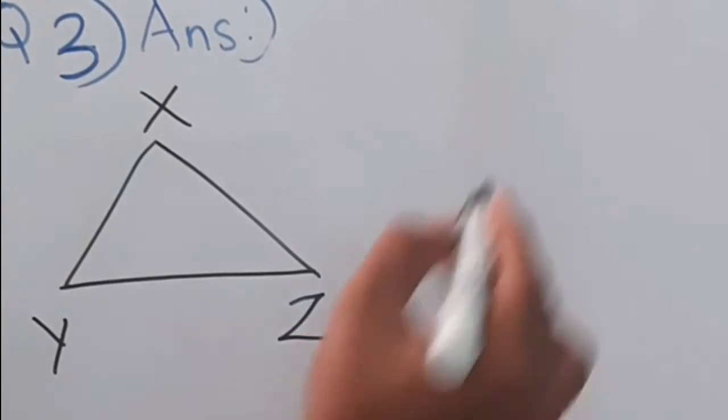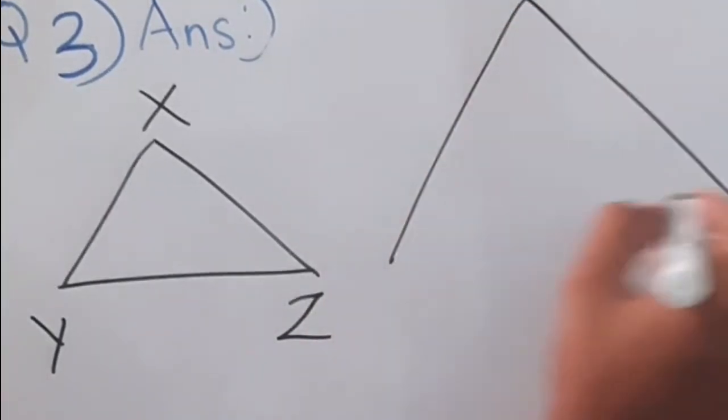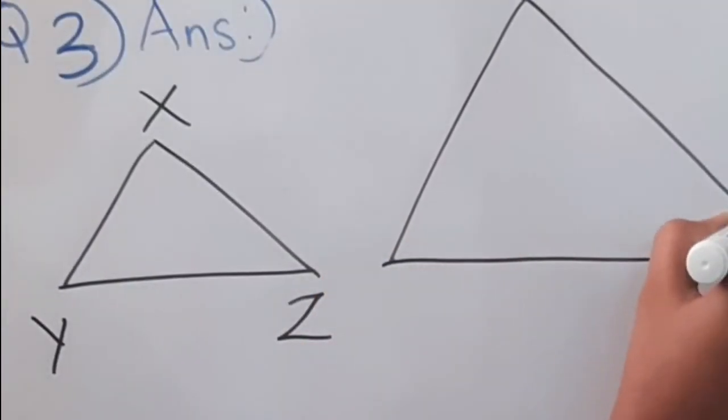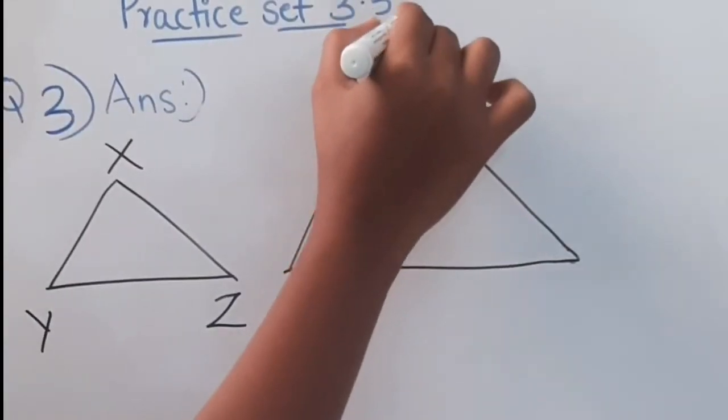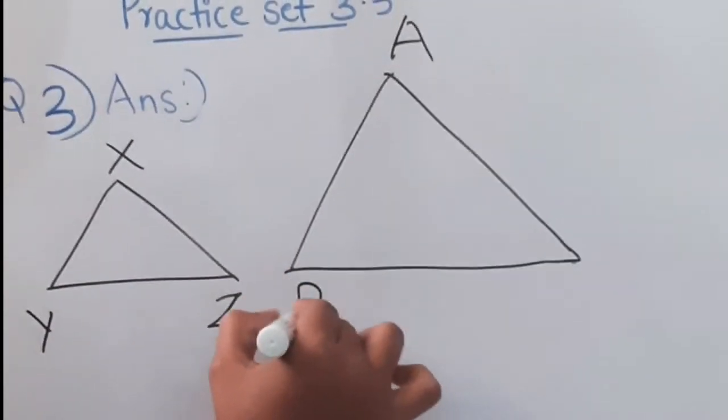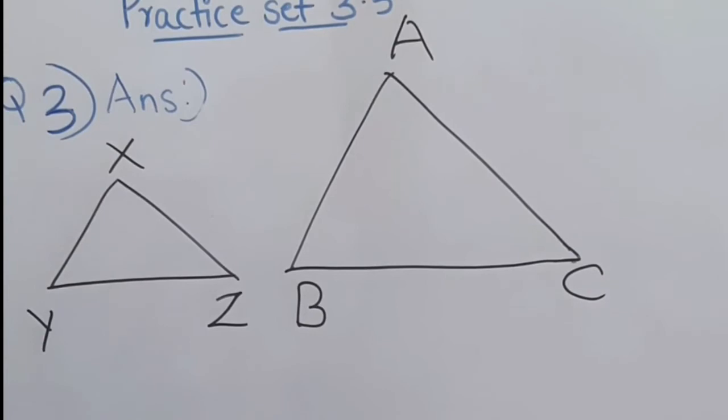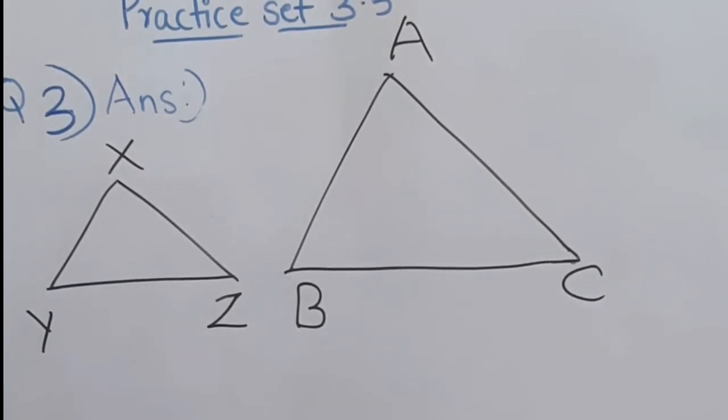I will draw the first triangle XYZ, and the second triangle I will draw and give the name ABC. Then we have to show their corresponding angles by the same signs. So we know which are the corresponding angles.